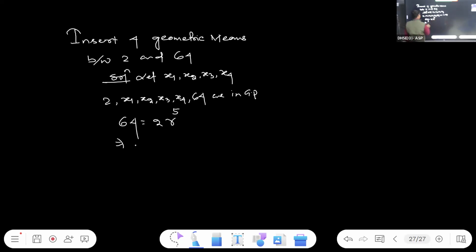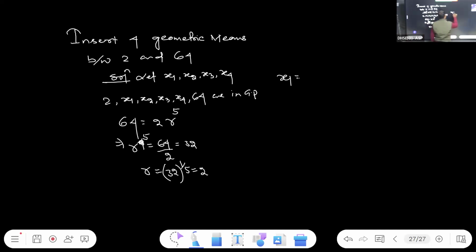So R to the power 5 is equal to 64 upon 2, which is 32. R equals 32 to the power 1 by 5, which is equal to 2. Thus, X1 is equal to 2 into 2, that is 4. X2 will be 8. X3 will be 16. X4 is equal to 32.